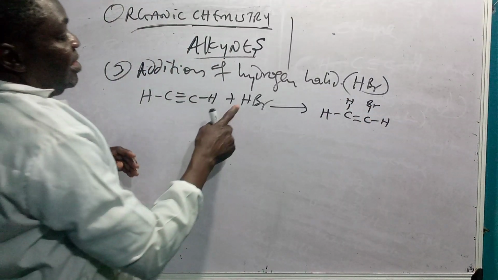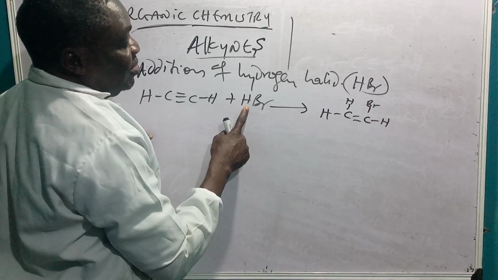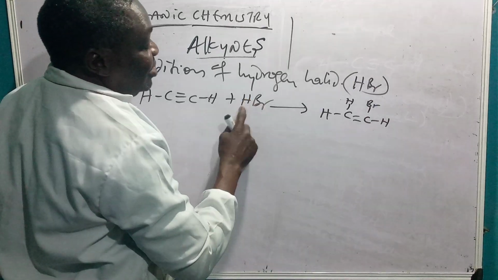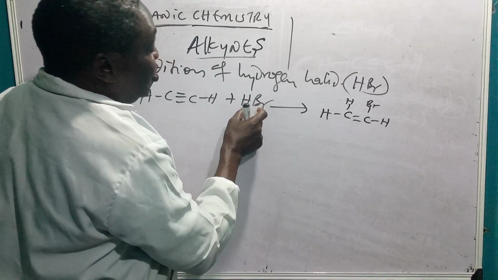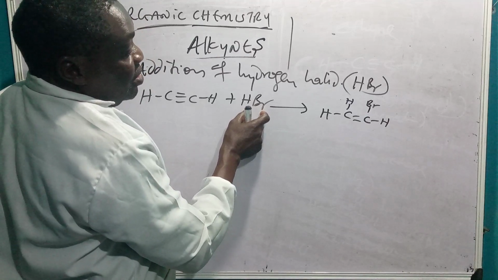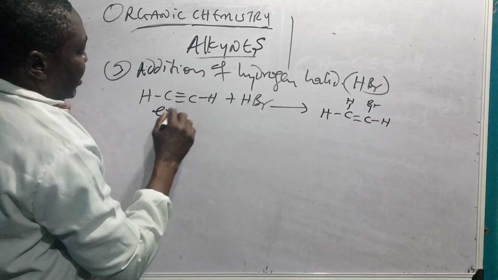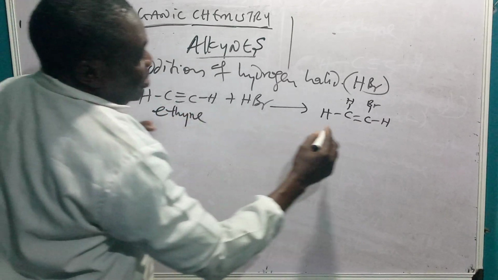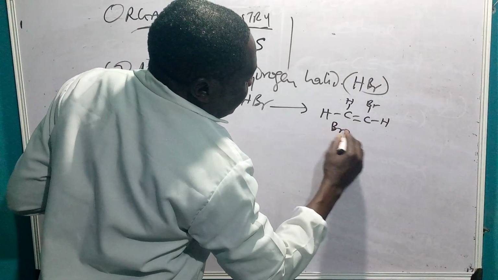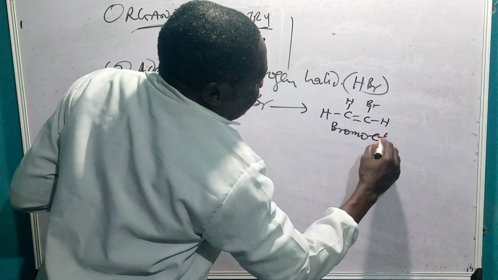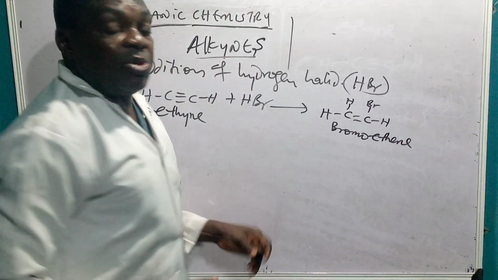Remember, instead of using 2 hydrogen atoms or 1 hydrogen molecule, you have added something else. You still need 2 of these atoms to remove 1 bond. So having this, we know this is bromoethene. Please, you should not be confused about this.